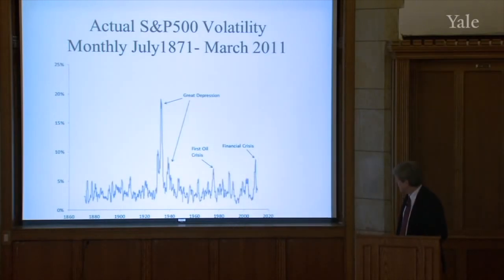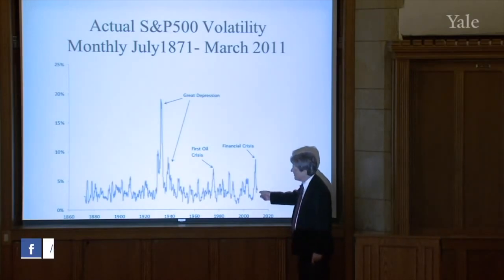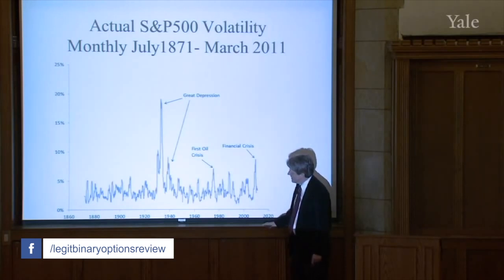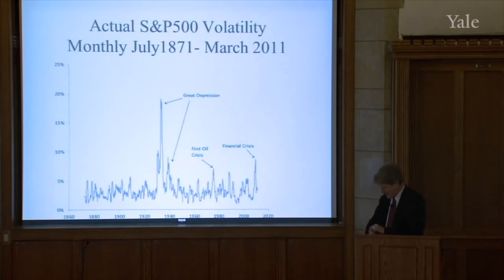But not quite as big as the current financial crisis. So I think this is an interesting chart to me, because of the things I learned from this chart, and maybe I'll just conclude with some thoughts about this.